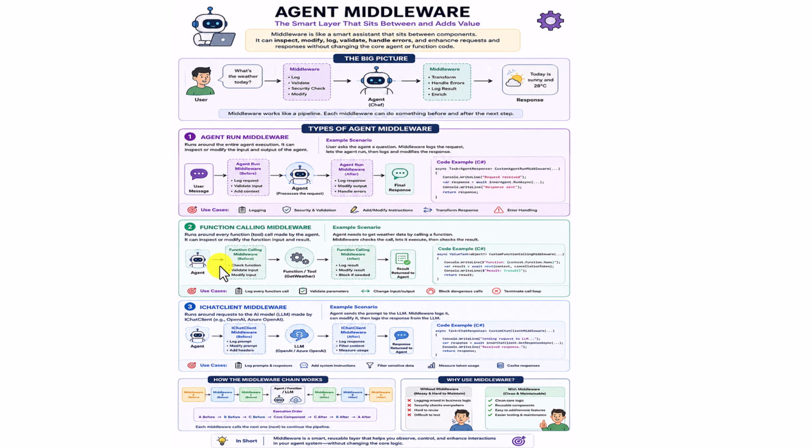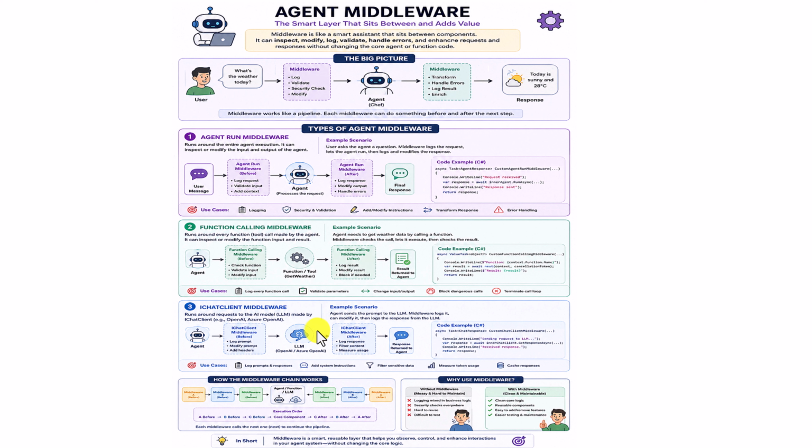It can inspect the function name, check the input parameter, modify the input, execute the function, and then inspect or modify the result. So here you can see the simple example. The agent, function calling middleware before, function get called, function calling middleware after, results returned to the agent.